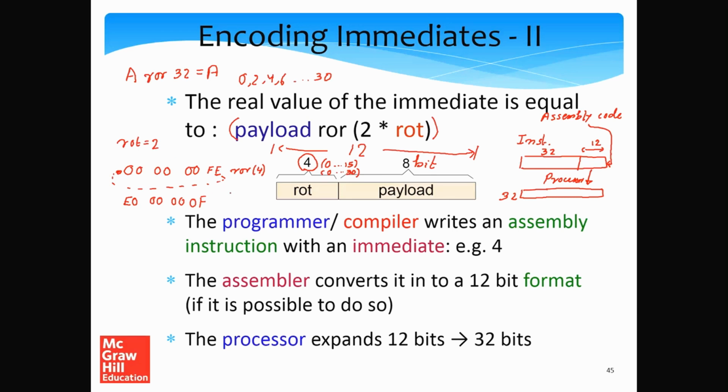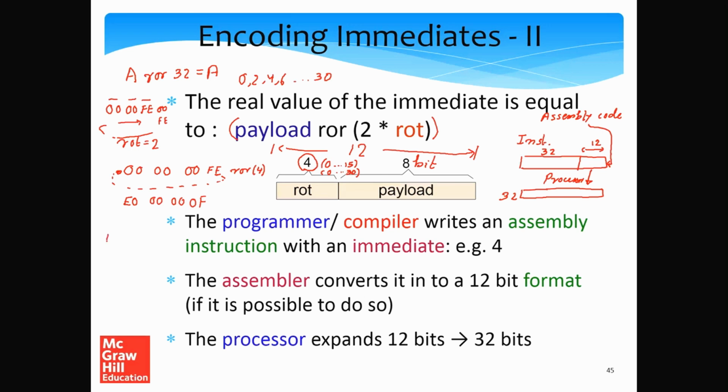For example, it is very easy to encode a number of this fashion in the ARM ISA. So what is this like? So this is basically, I have FE over here and I right rotate it by a certain number of positions till it reaches over here. So how many positions would this be? If I right rotate FE by 8 positions, it will reach here. 16 positions, it will reach here. 24 positions, it will reach here.